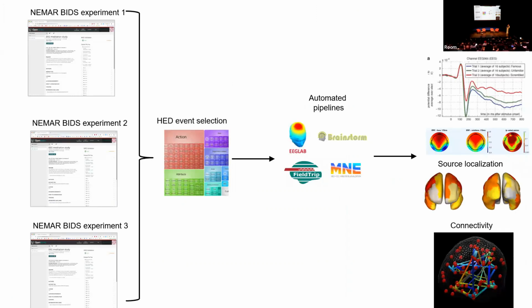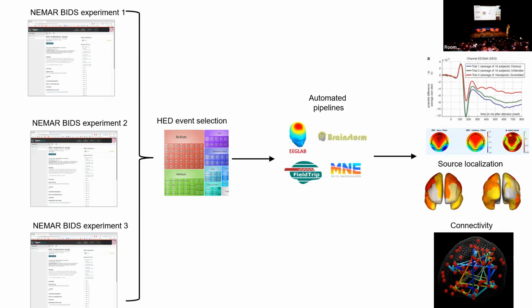So in practice, you could, for example, take data from an online database, like here NEMAR, which is a curated database for EEG data that is connected to a high performance computing cluster at the University of California.